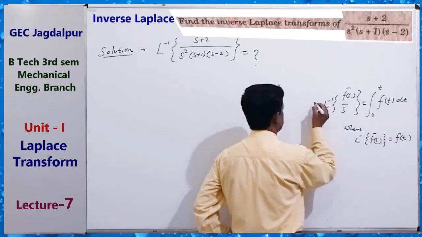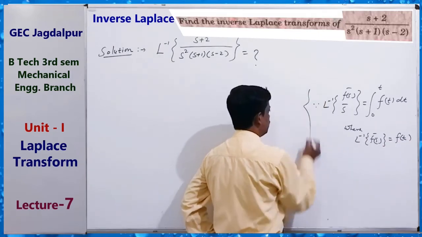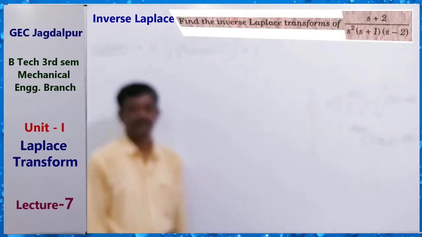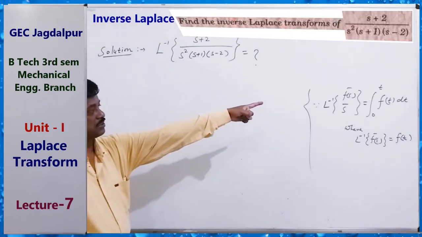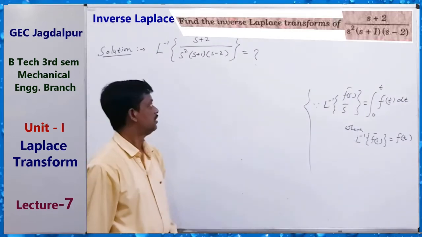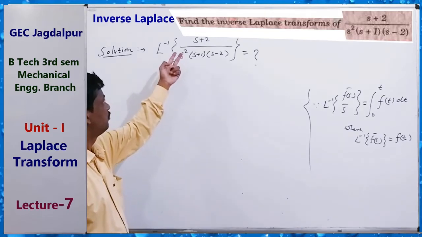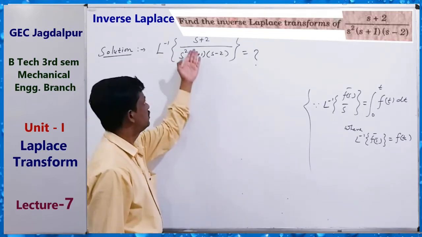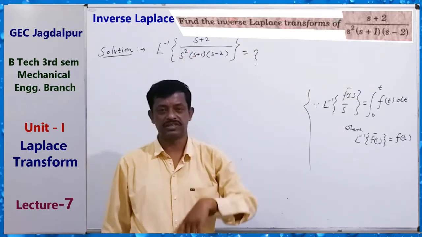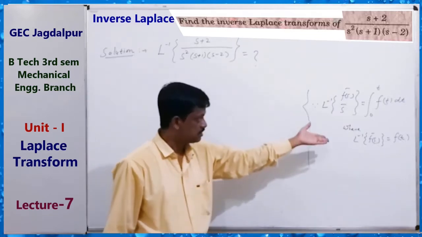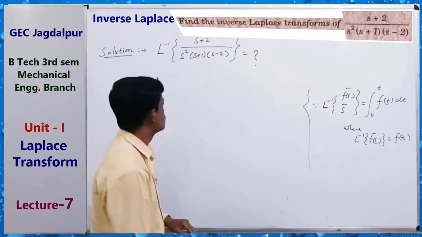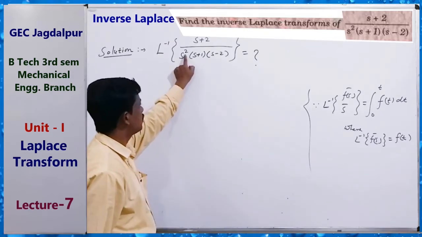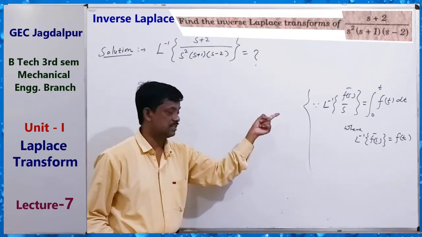Okay, this is our property, the inverse Laplace transform divided by s. We can also do it by partial fractions, but you can also use this method. So first of all, s square means two times division by s.